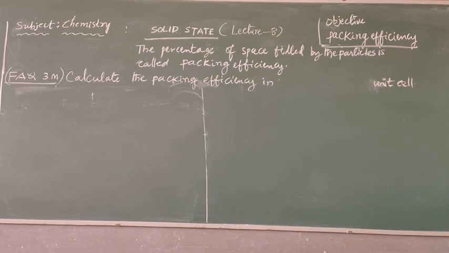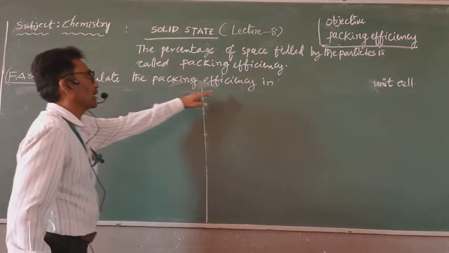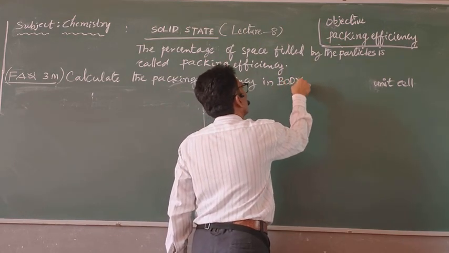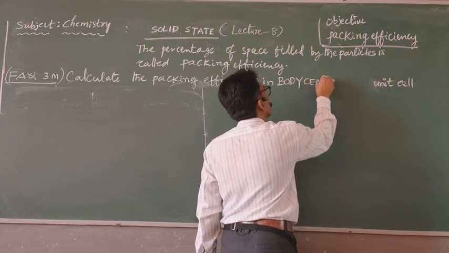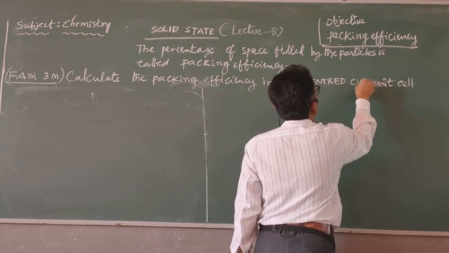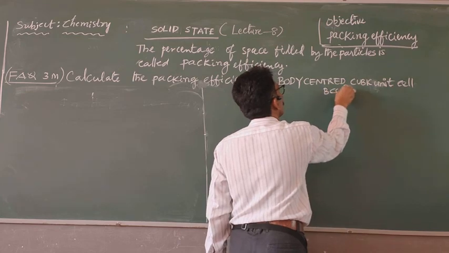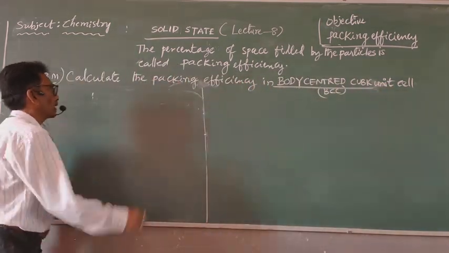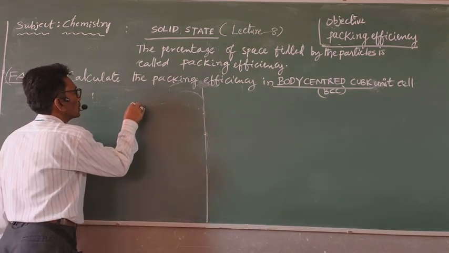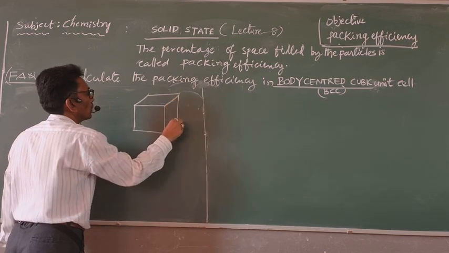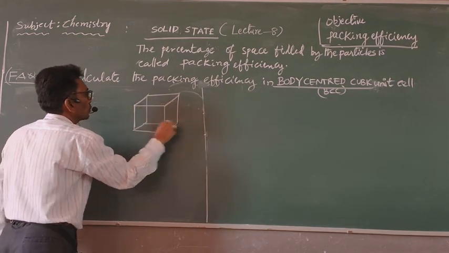The next one is a frequently asked 3 marks question in the Karnataka board examination. Calculate the packing efficiency in body-centered cubic unit cell, BCC. How is the diagram? Very simple. Your patience is needed. Just draw a cube as usual from the previous 2 cases.